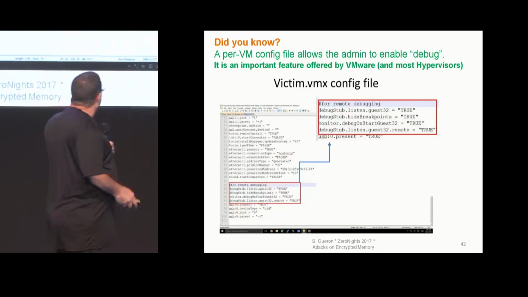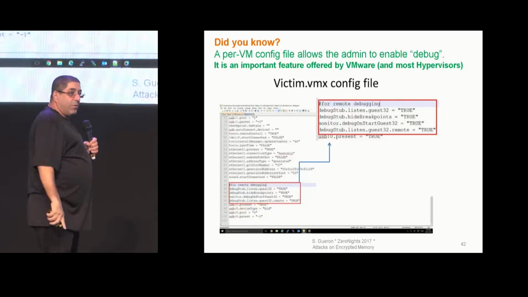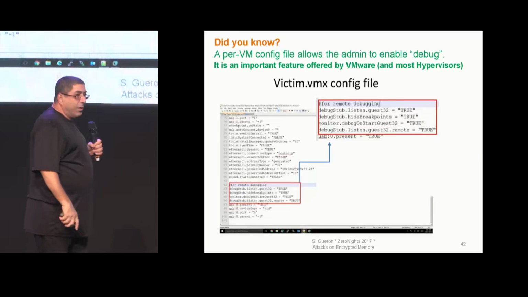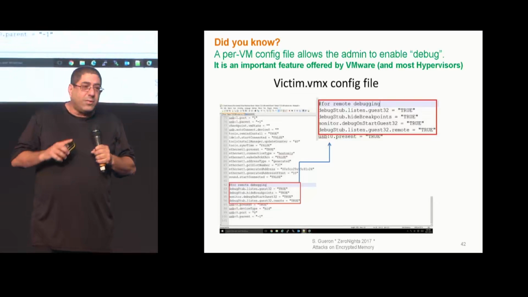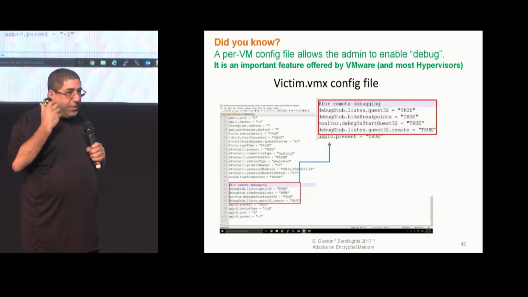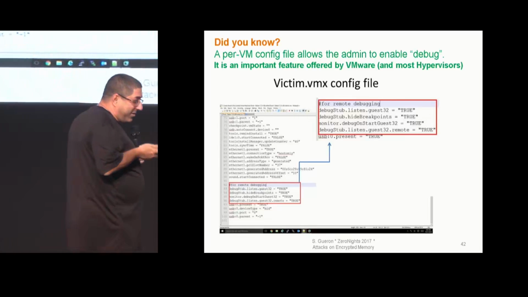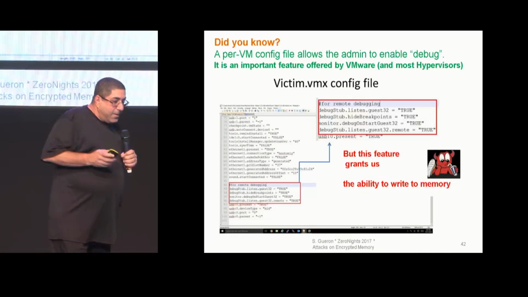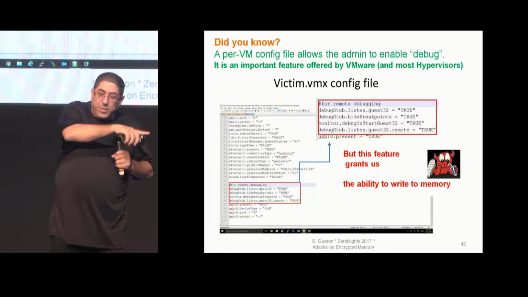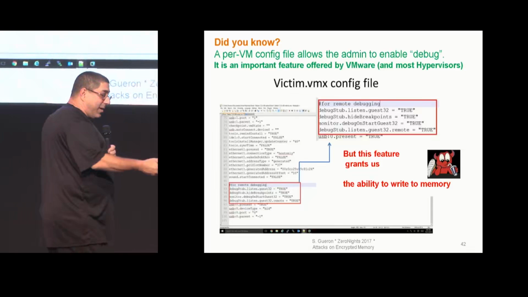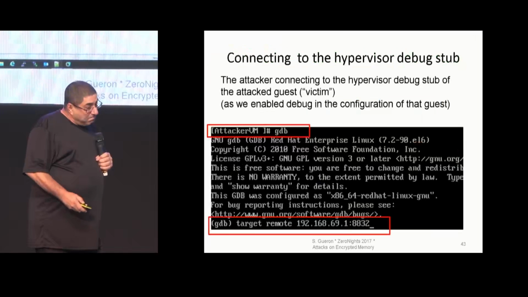As the owner of a hypervisor, you can just set true into the debug capabilities of your VM. And of course, the guest VM itself is completely blinded to this. The VM doesn't know if it is being debugged. All right, so this is a very important feature for VMware, but actually in most hypervisors. But, of course, this is going to allow us to do our tricks, right?